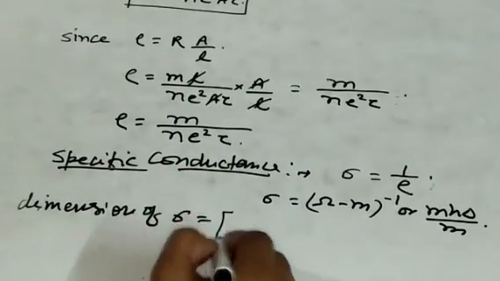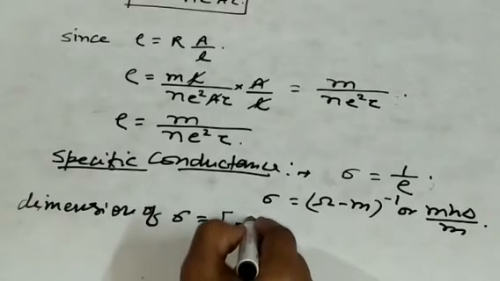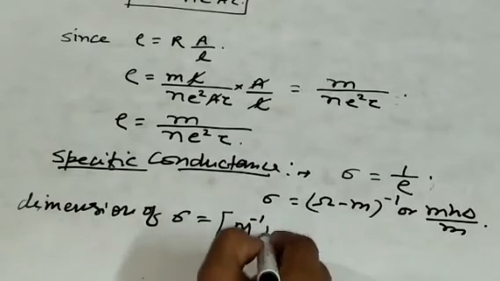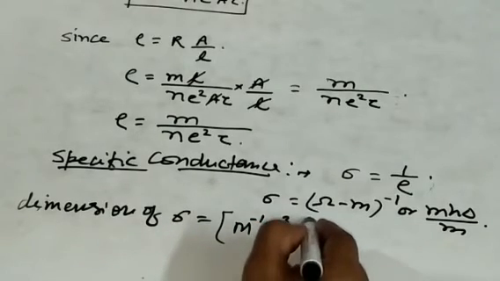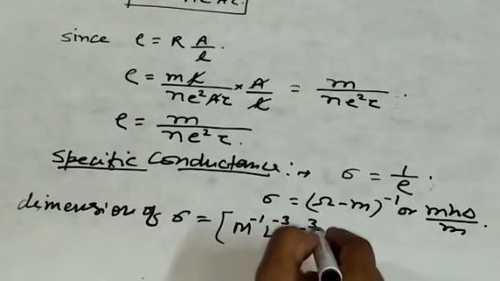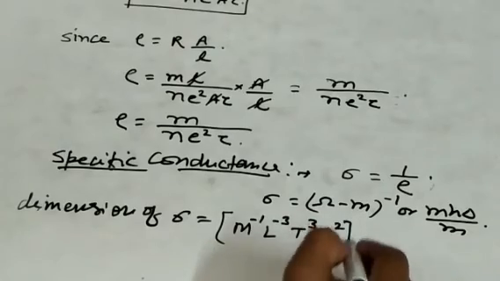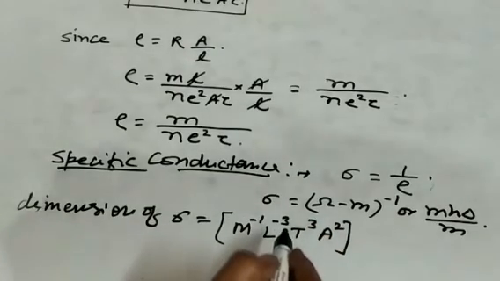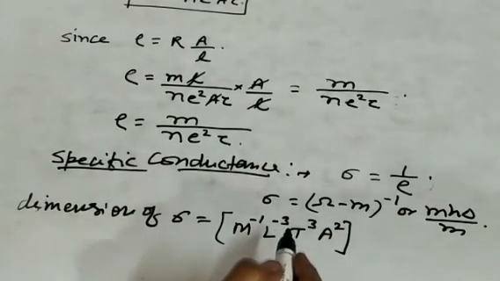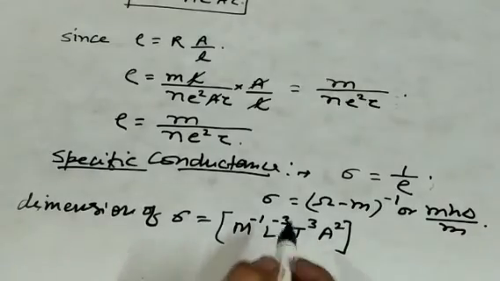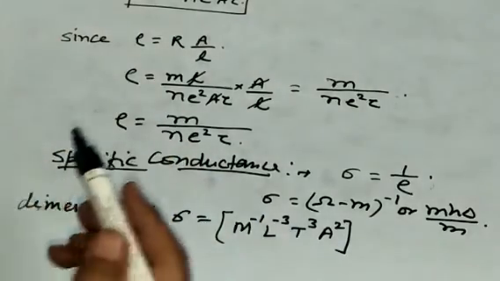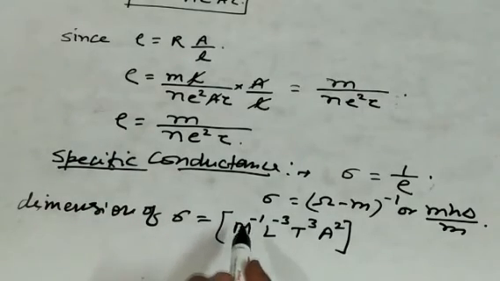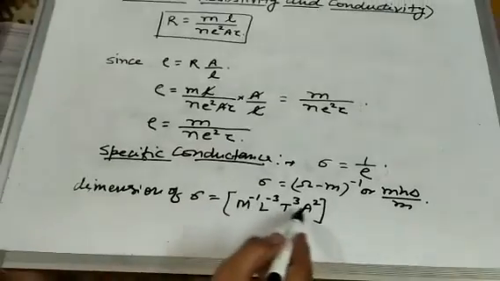So simply we can write M to the power minus 1, L to the power minus 3, T to the power 3, and A to the power 2. This is the dimension of the specific conductance. So in this way, we can find the dimension of specific resistance or specific conductance, and also you can write its unit in terms of these fundamental quantities.